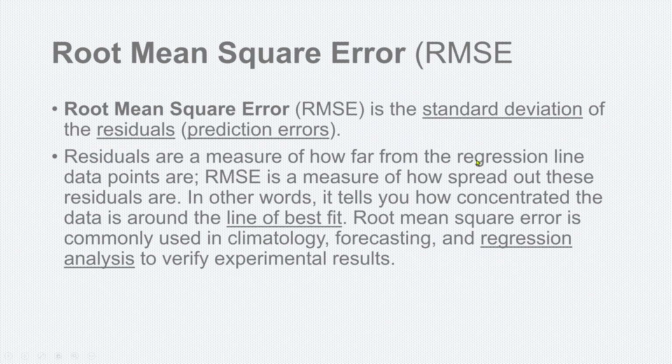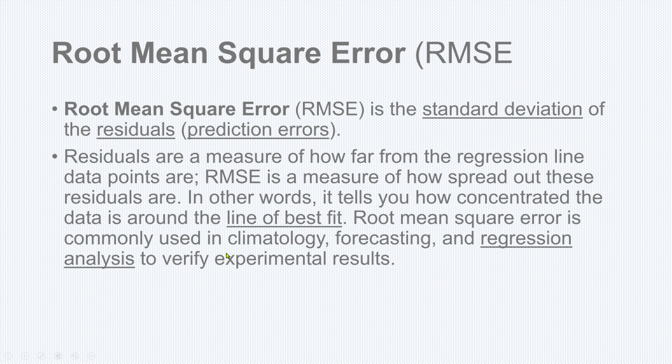Then we add it to the next value, the difference of the actual and predicted value squared. If it's 0, it means the actual value and the predicted value are the same, and that's our main goal. That's why we say when the root mean square error is 0 or close to 0, that's a good system.